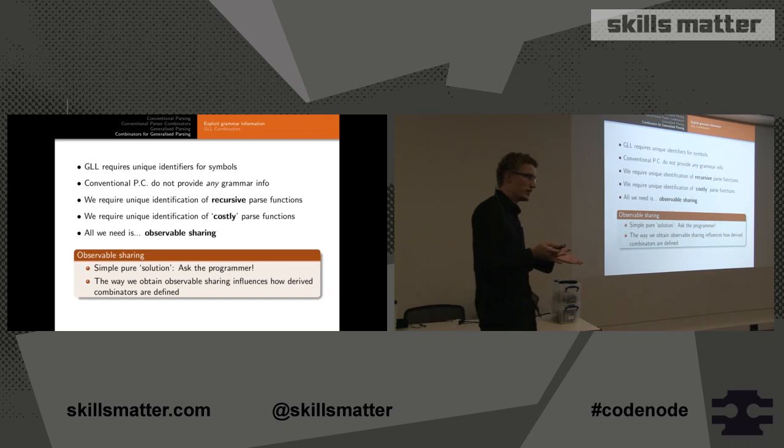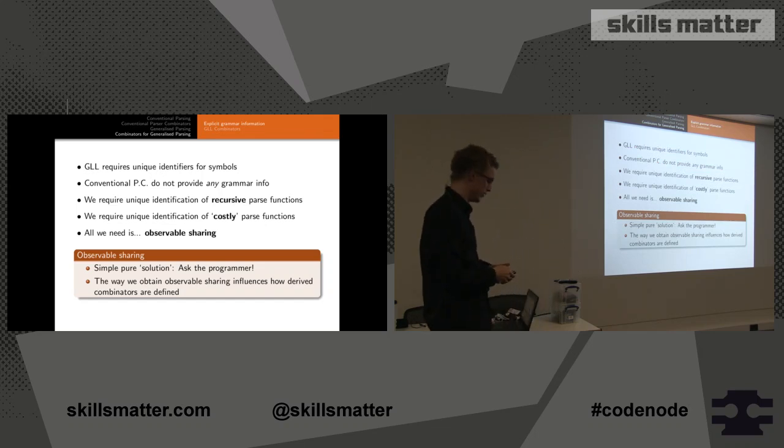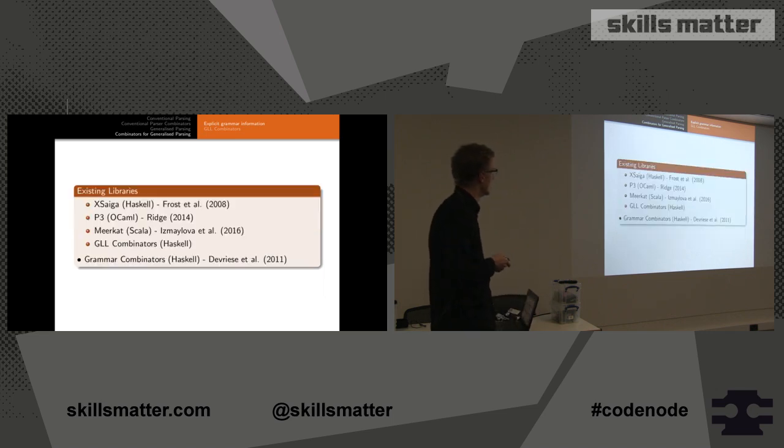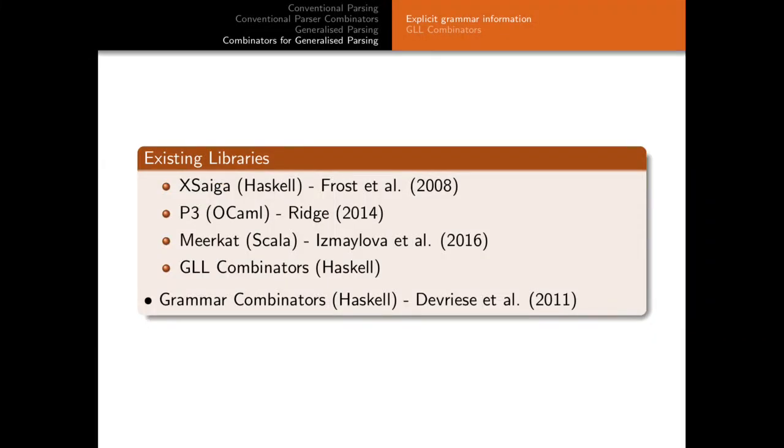So the main problem is that we need some additional information that the conventional combinators do not provide us. And this statement is applicable to all the combinator libraries that exist nowadays that use some kind of generalized parsing technology under the hood. So I've listed a couple here. eXchange was developed in 2008, and I think it has been mostly used for language processing as well.